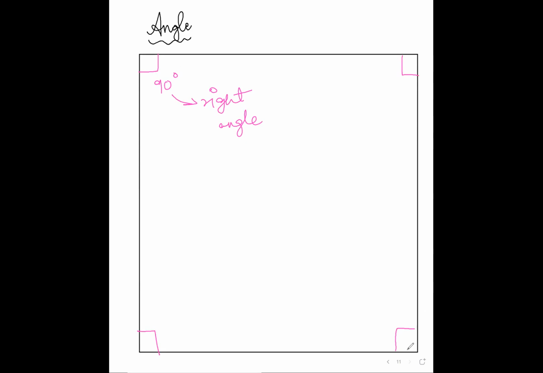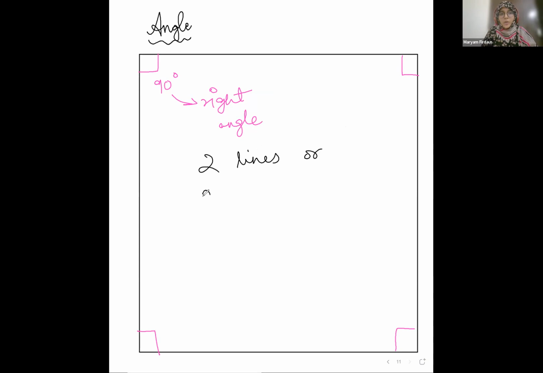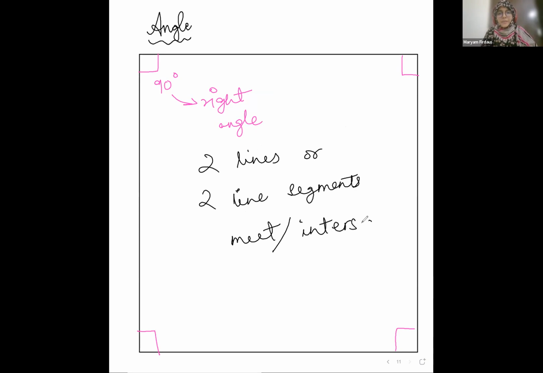All right. So how we can define angles is, now hear carefully, when two lines or two line segments meet or intersect, meet and intersect is the same thing.